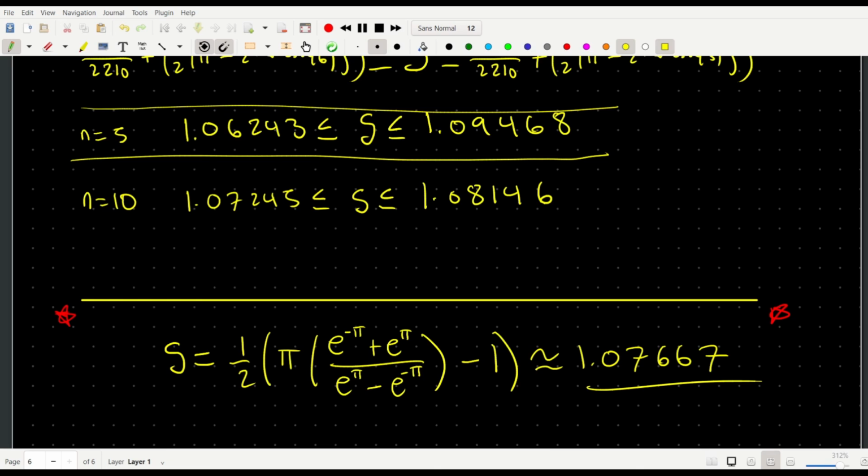So this is very neat. And you expect these bounds to get better and better as you increase the number of terms in your sequence of partial sums.